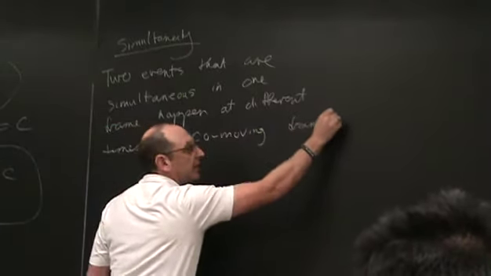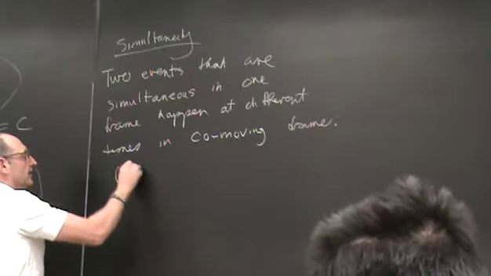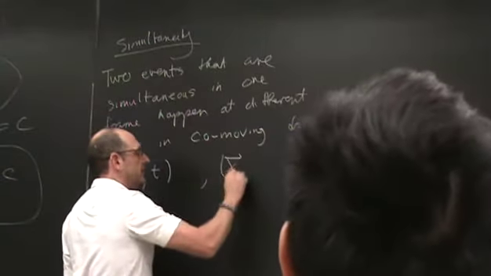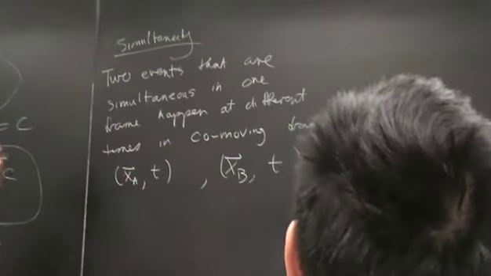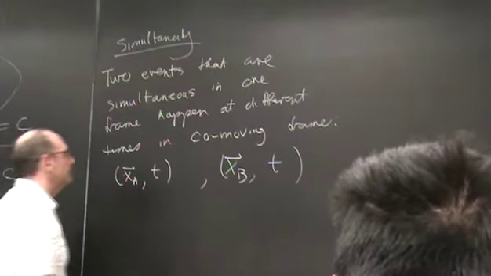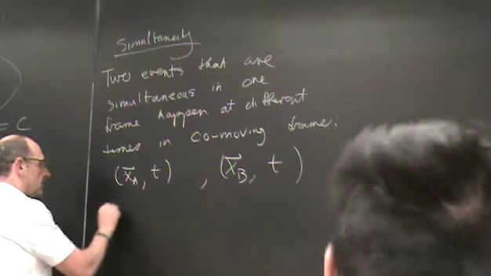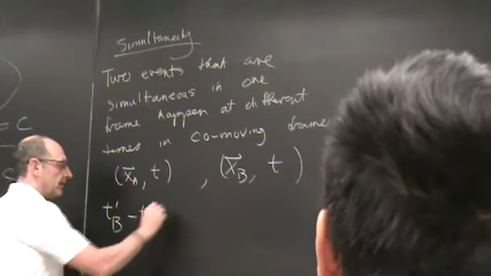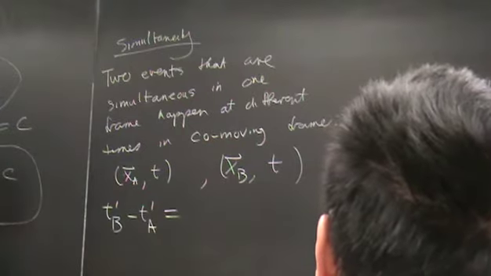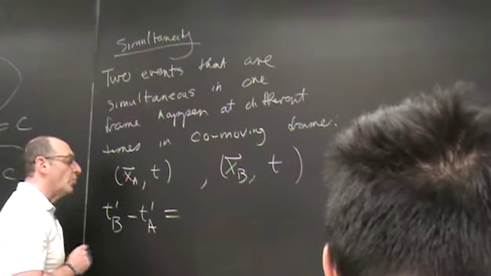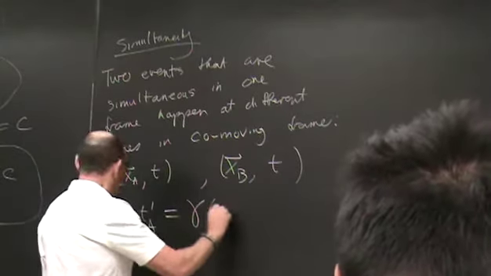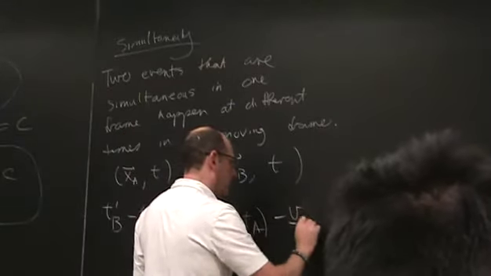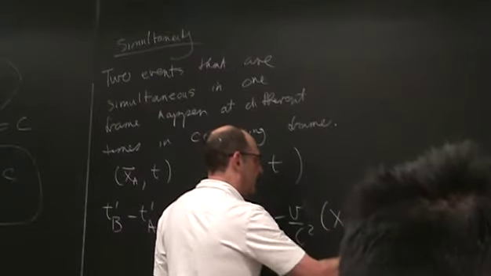And that's trivial to see. If I have two events, say that happen at position xa and some time t, and another position xb, but at the same time, then if I look at tb prime minus ta prime, the difference between the times of those events in the co-moving frame, that's equal to gamma times tb minus ta minus v over c squared times xb minus xa.